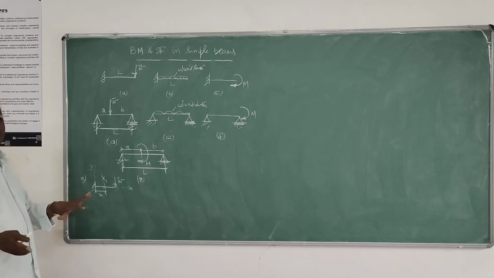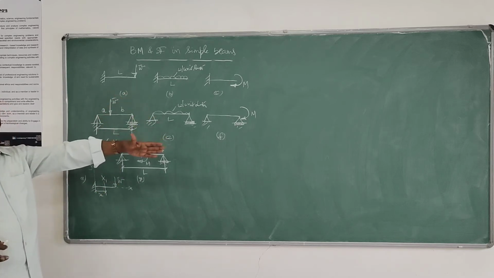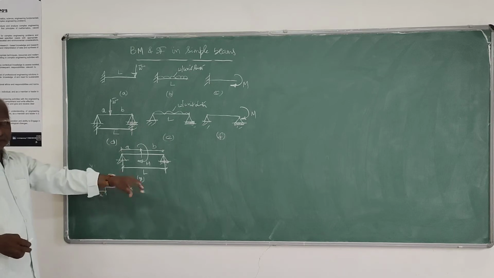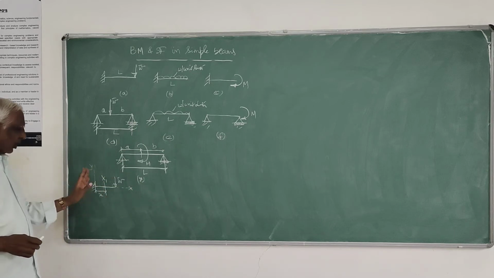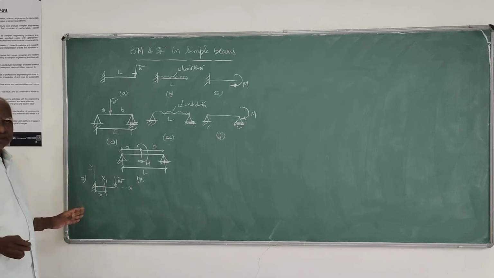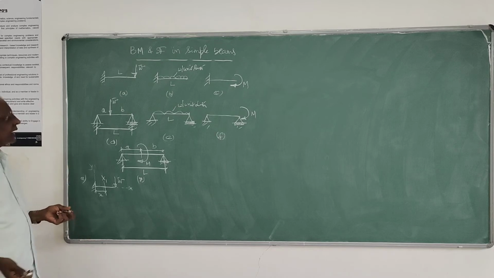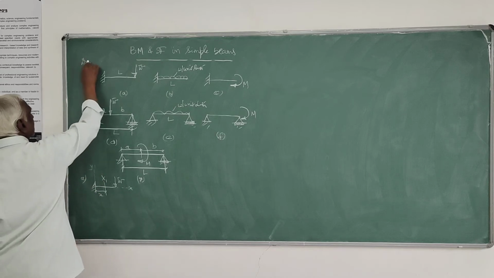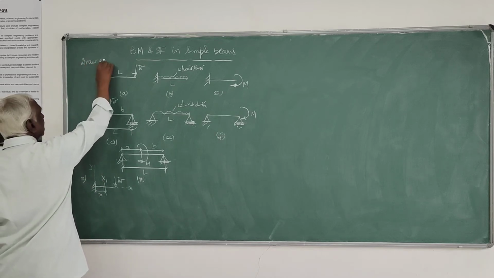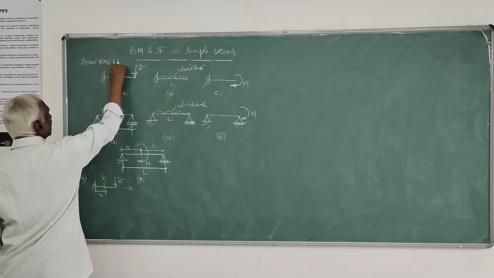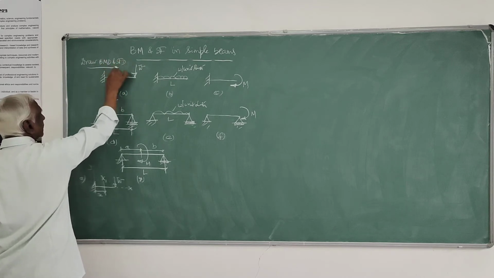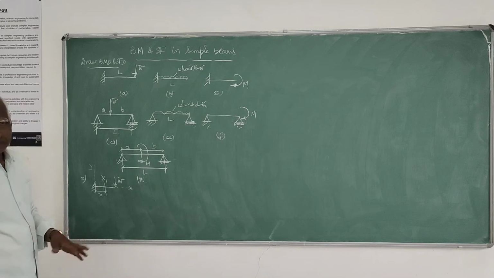Then after finding the support reactions, use the definition of shear force and bending moment, get the equations for the sections, and draw the bending moment diagram. So here, draw BMD and SFD for these problems.